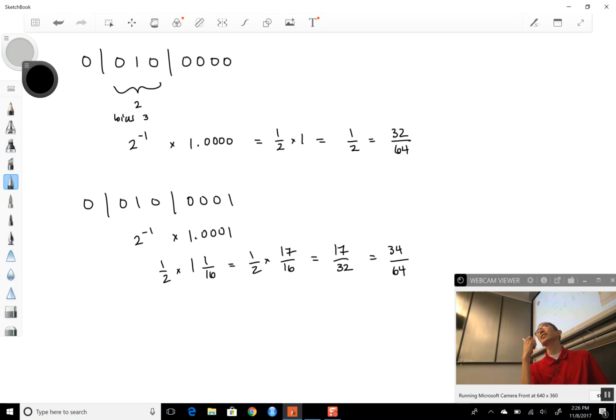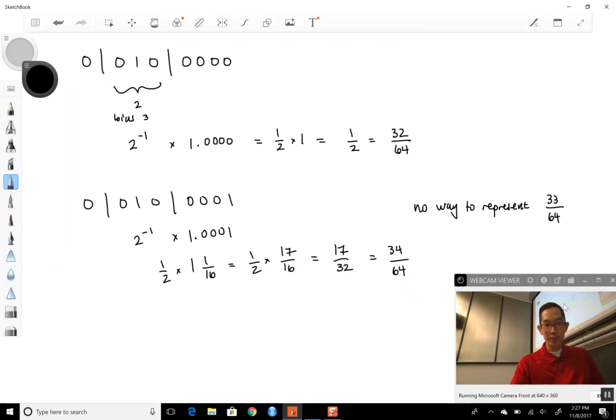So basically it will choose which one to go up to or down to, okay? So there's no way to represent 33/64, at least with our mini floating point, okay?